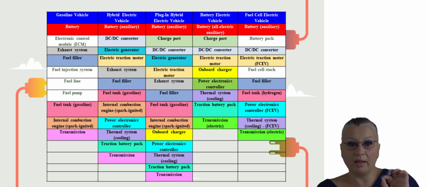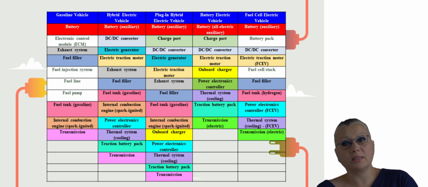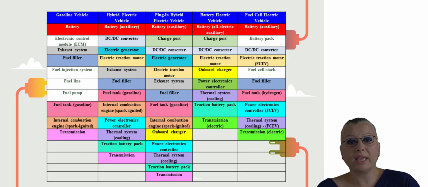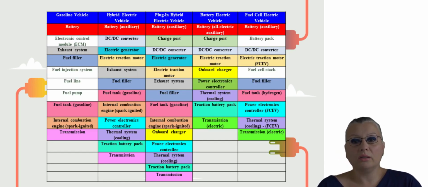Every component has a color, and if we find the same component in the other vehicles, we will see it with the same color. White is for the ones that do not have a match or a similar component in another vehicle type. So we can see that all the vehicles have battery auxiliary.